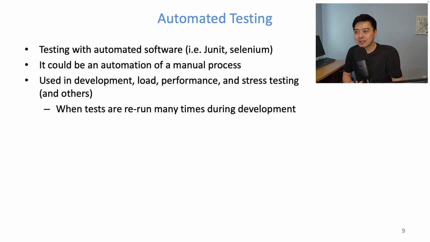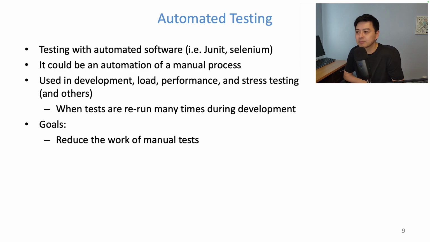Basically, how we know that something can be automated is if there are tests that need to be run many, many times and under many, many different conditions, right? Then we might want to think about that. We want to test this automatically, or we might want to write an automated test for this purpose.